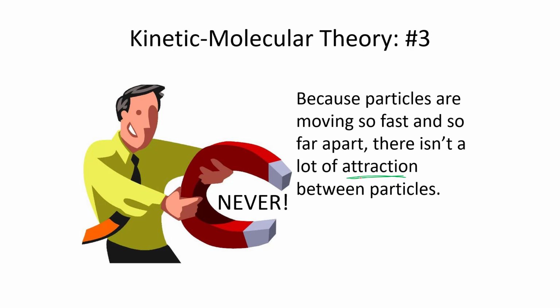Because it's with these atoms. They don't have enough time to actually have any attraction. And we'll find out later, there is still a degree at which the particles interact. But for the most part, there's not a lot of attraction between molecules. They're like speed dating. Hi, bye, and they just run on by. There's not time for the interaction. And so therefore, it is assumed, at least in this theory, that there's not a lot of attraction between particles.